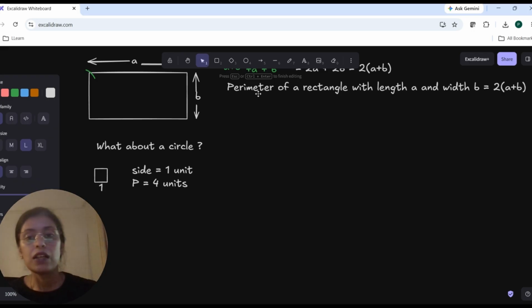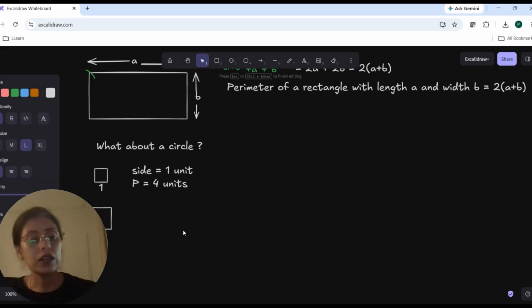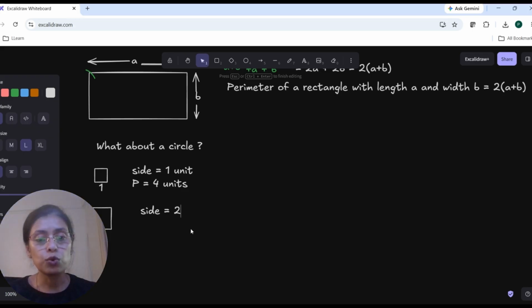Now, what they did was they doubled its size. Now its side is 2 units, so the perimeter will be 4 into 2, which is 8 units.